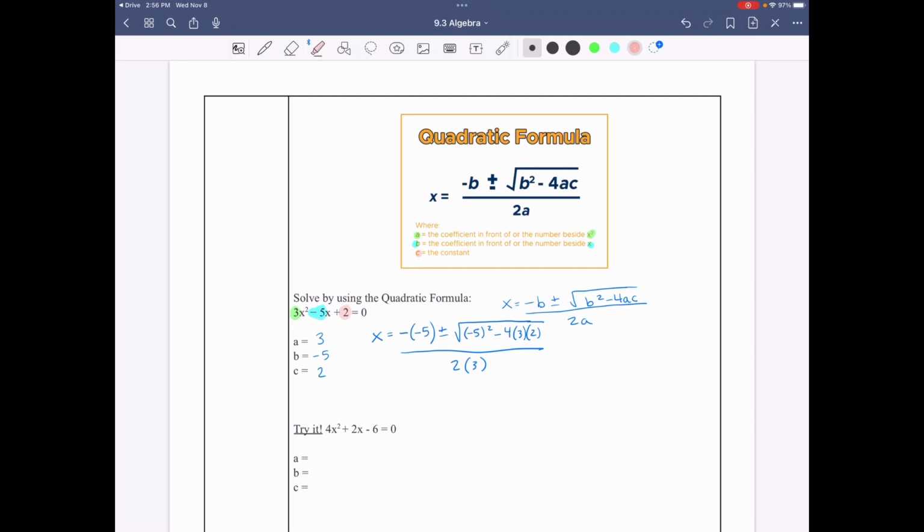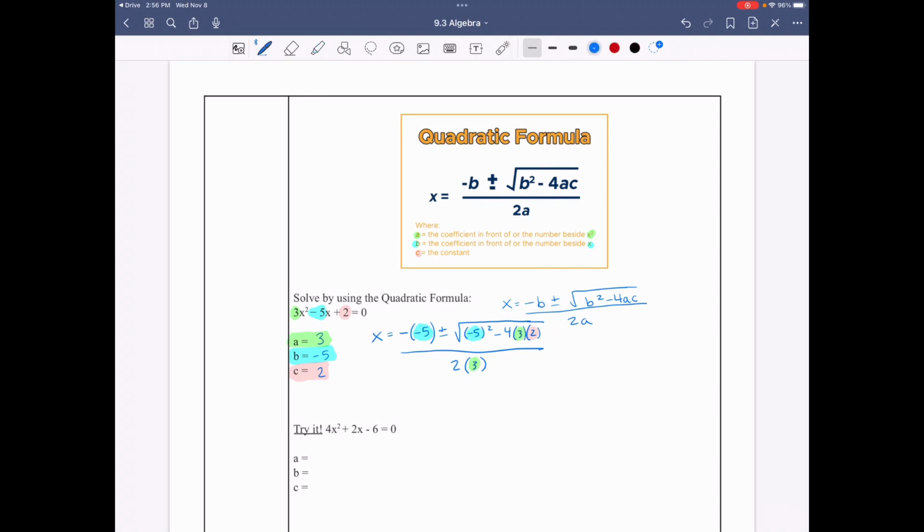From here, you're going to want to simplify this. So notice how the a's, b's, and c's get plugged in here to the quadratic formula.